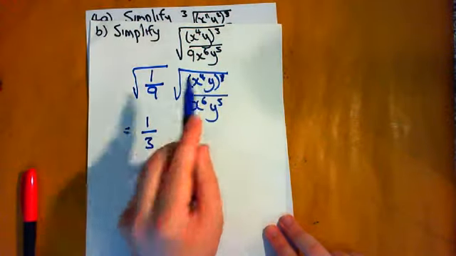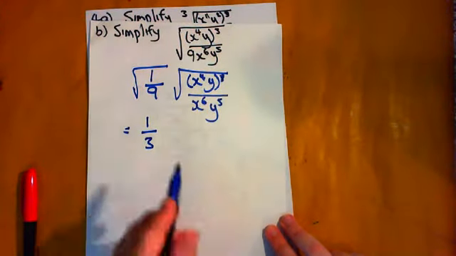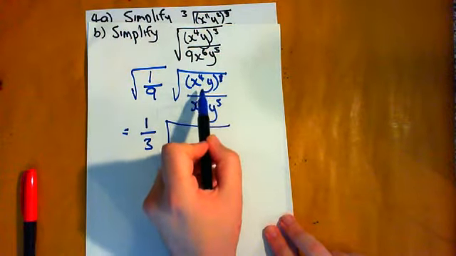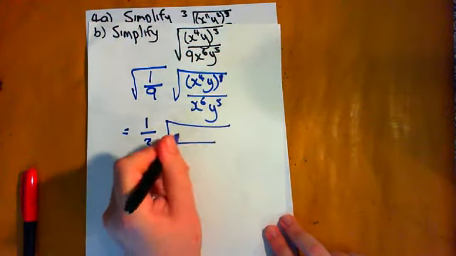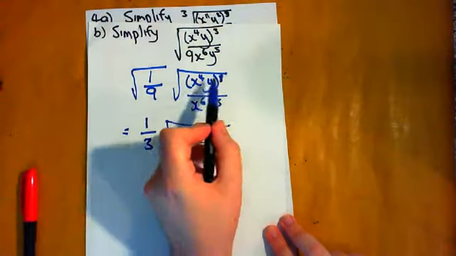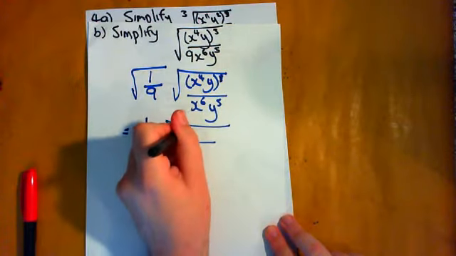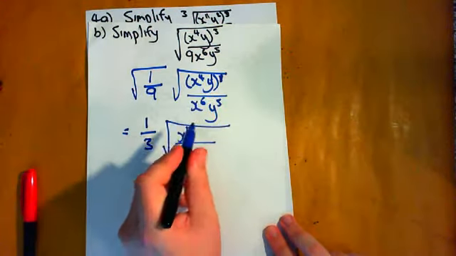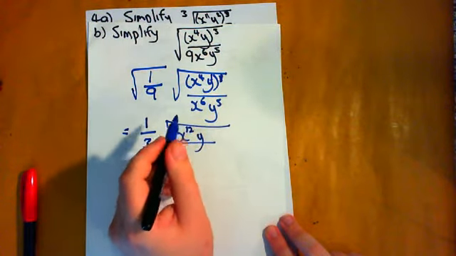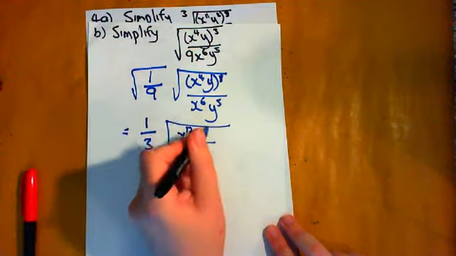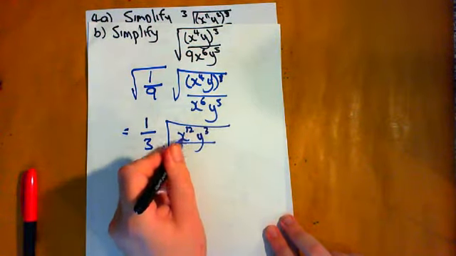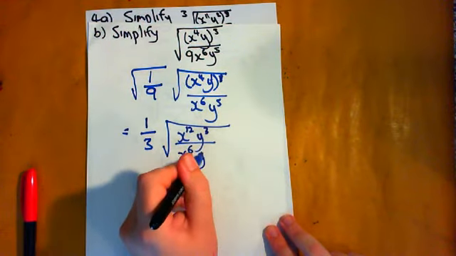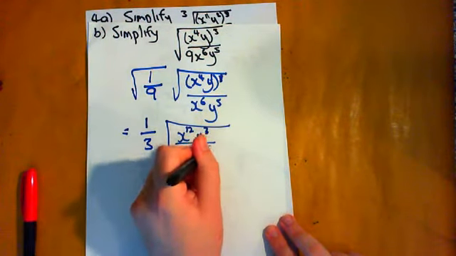And let's deal with what's on the top there. So it's going to be the square root of, so we can multiply our powers. We've got x to the power of 4 times 3, which is 12. And y to the 1, we've got a power of 1 there. So that's y to the power of 3 divided by x to the 6 and y to the power of 5.